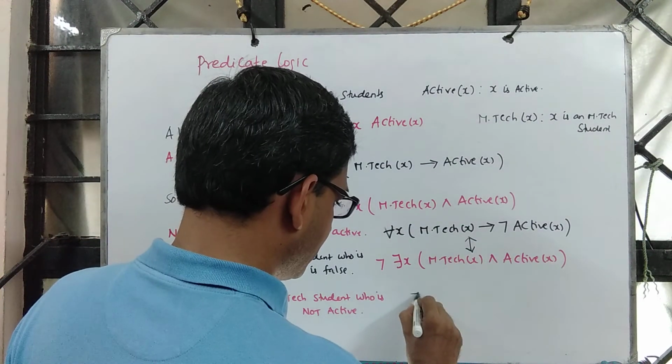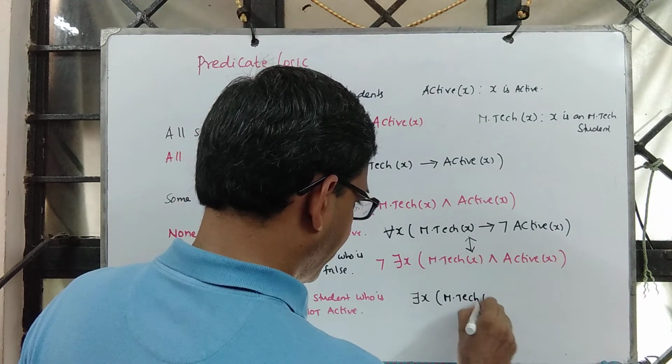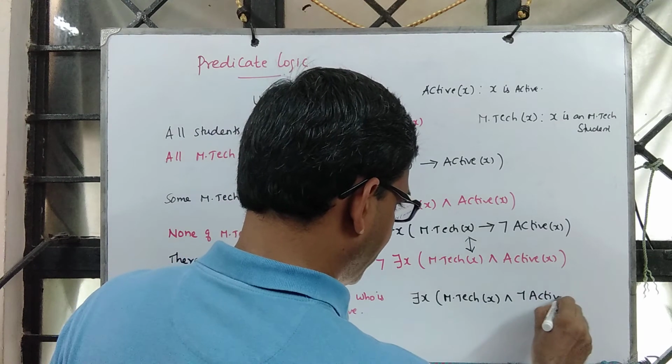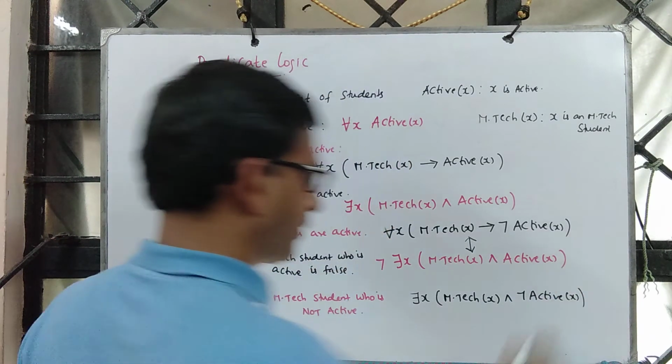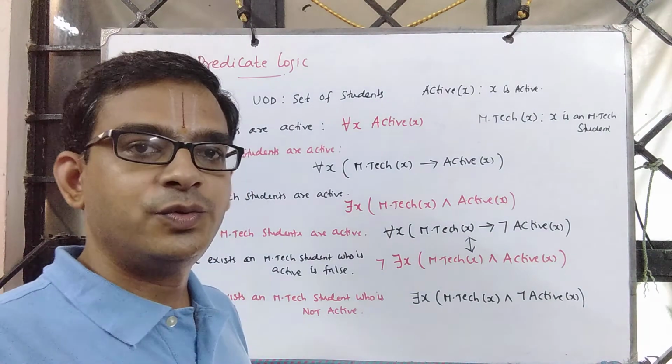How do we write this? So there exists X. He is an MTech student and he is not active. So we see that there is a student who is not active.